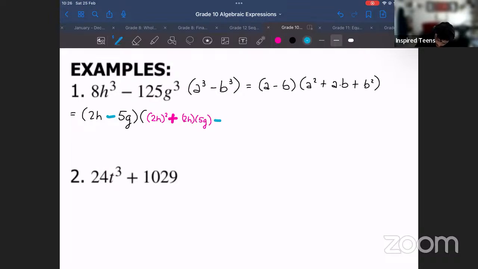Opposite sign? No, sorry, always positive. Plus. How am I getting the last term? I am squaring the last term. And I simplify. 2h minus 5g, 4h squared plus 10hg plus 25g squared.